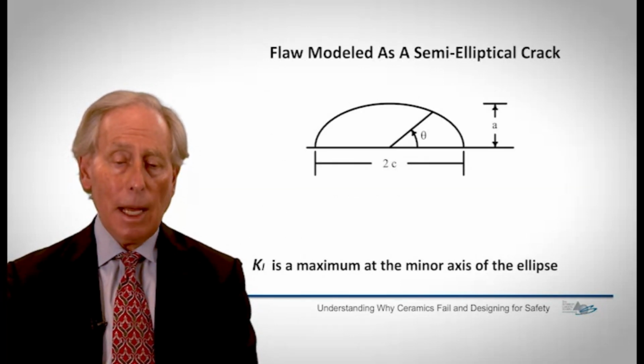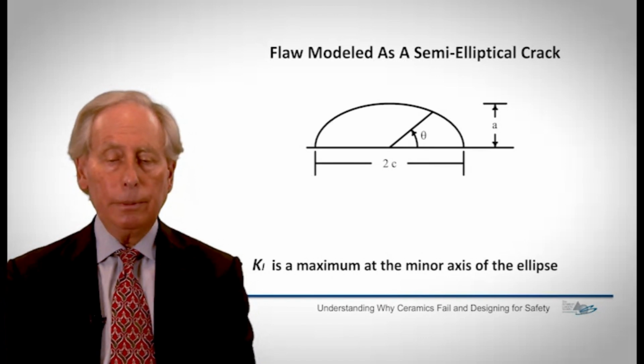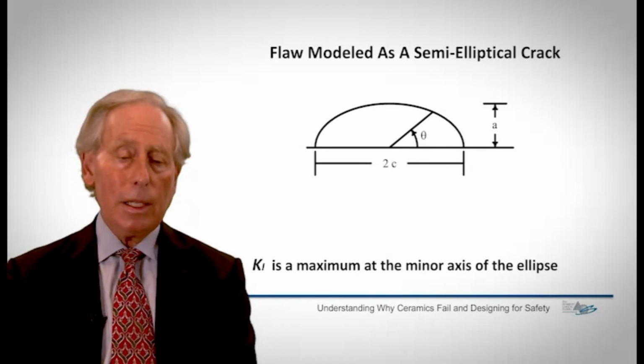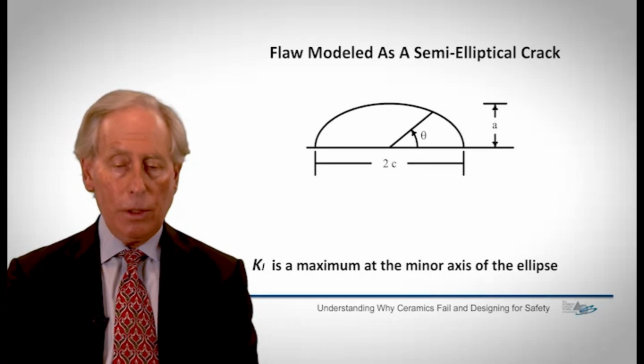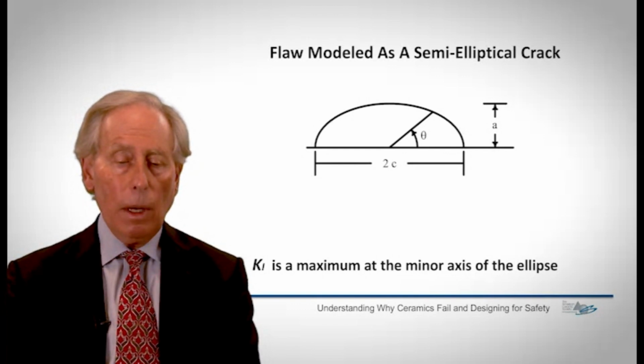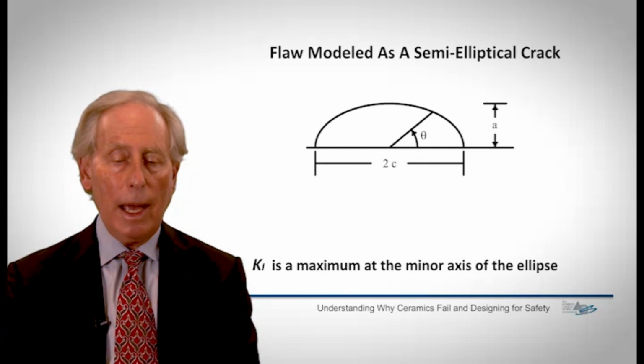Let's come back to this idea of a flaw. Throughout fracture mechanics, flaws are modeled as semi-elliptical cracks. So you can see here what the shape of this semi-ellipse is. Typically, it will be with a long axis parallel to the fracture surface of the material, and the stress will be into the interior of the material.